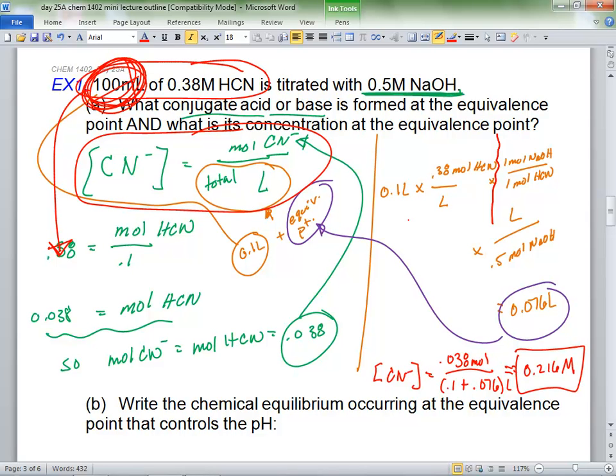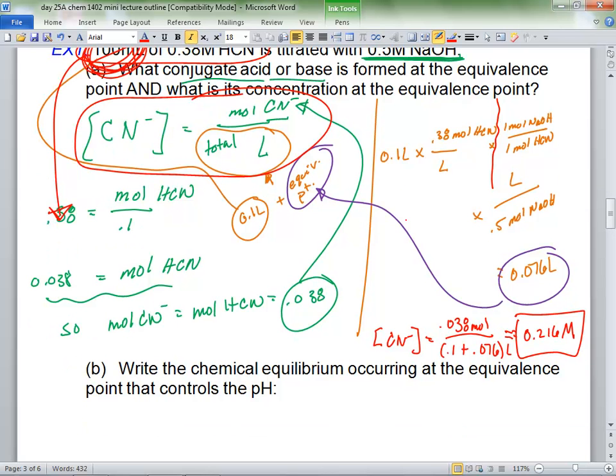Write the chemical equilibrium occurring at the equivalence point that controls the pH. So, Lauren, what chemical equilibrium can we write that's controlling the pH at the equivalence point? Yeah, it's going to be the Ka or Kb reaction.